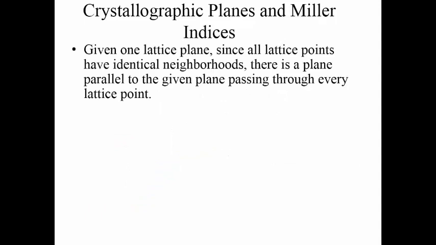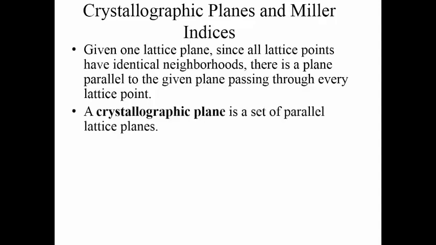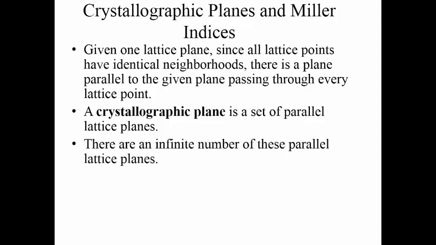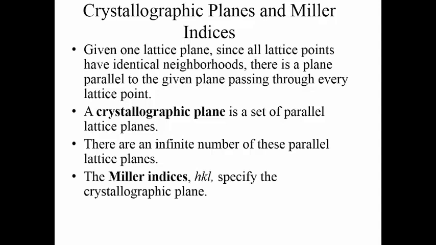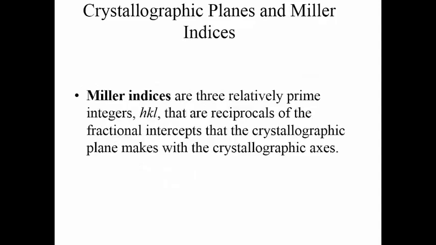Now, given one lattice plane, since all lattice points have identical neighborhoods, there's a plane parallel to a given plane passing through every lattice point. So a crystallographic plane is a set of parallel lattice planes. There's an infinite number of these parallel lattice planes, and the Miller indices H, K, and L specify the crystallographic plane.